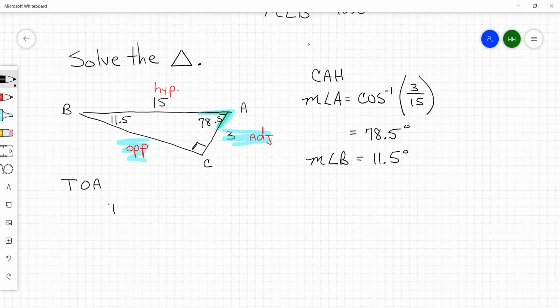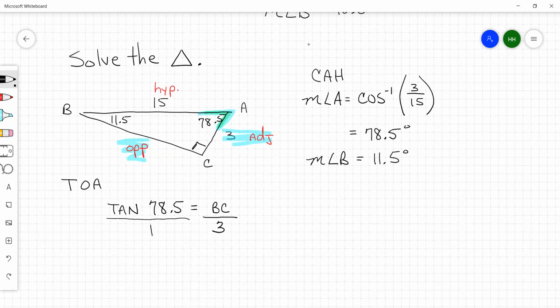So now we're going to say tan 78.5 equals the opposite side, which I'm going to call BC, over the adjacent side, which is 3. Going to put tan 78.5 over 1.